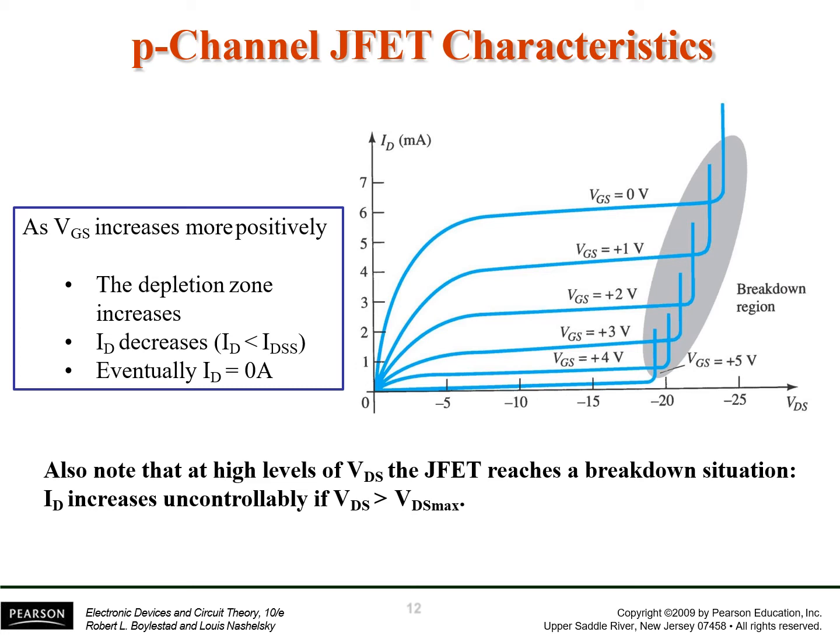Eventually ID becomes 0 amperes, but as we go on increasing the value of VDS, the breakdown region sets in, and it starts an uncontrollable ID.